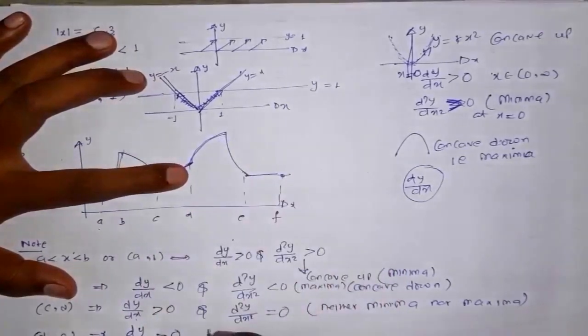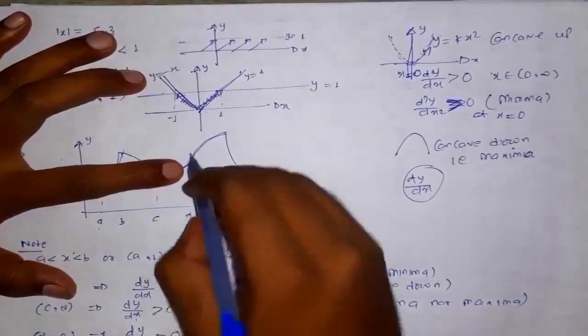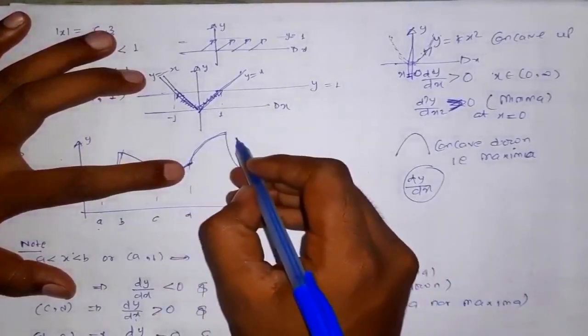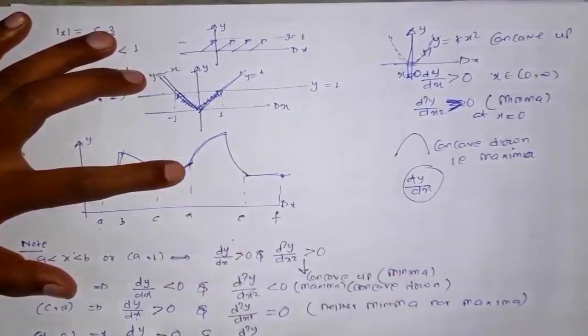And d2y by dx square, what will happen with this? This is concave down. We will get maxima in this portion.